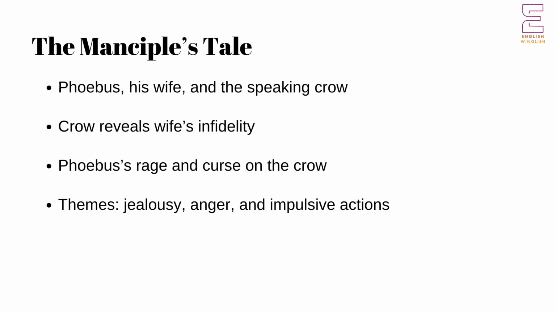In a fit of rage, Phoebus kills his wife and in his grief curses the crow, turning its feathers black and taking away its ability to speak. The tale explores themes of jealousy, anger, and the consequences of impulsive actions. Through this narrative, the Manciple reflects on the destructive power of uncontrolled emotions and the importance of restraint.